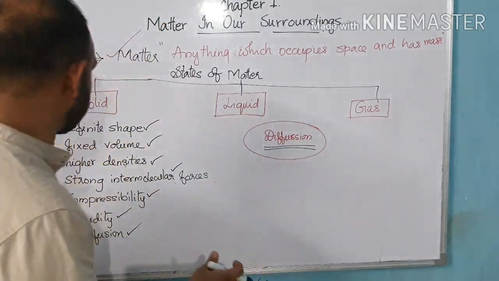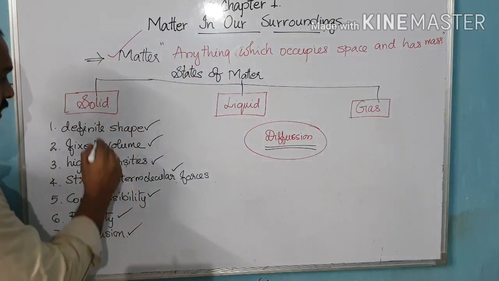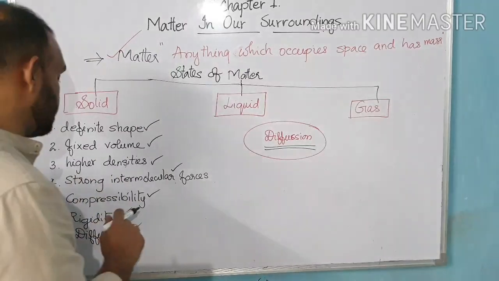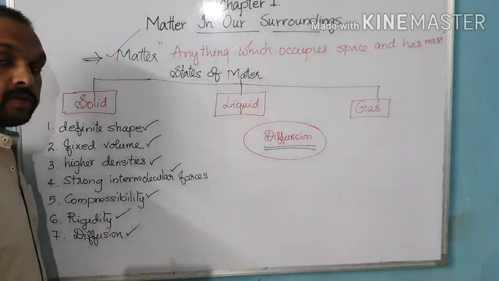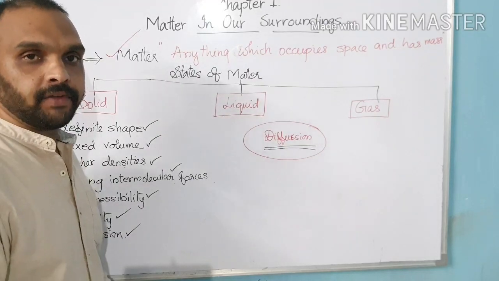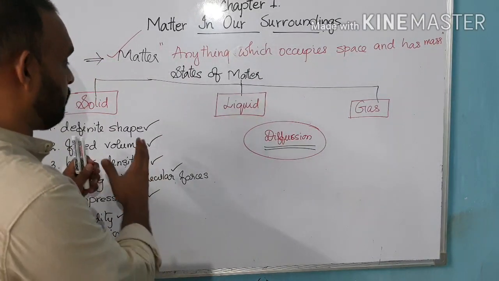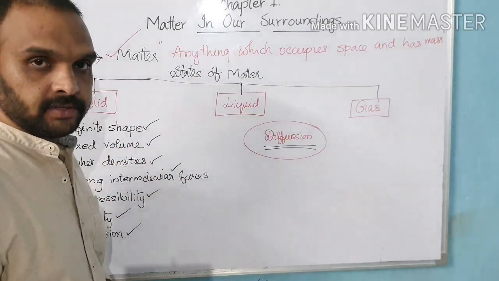So we have 7 properties or characteristics of the solid state: definite shape, fixed volume, higher densities, strong intermolecular forces, compressibility, rigidity, and diffusion. With the help of this, we will compare solid, liquid, and gases.